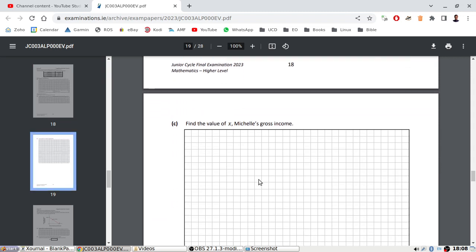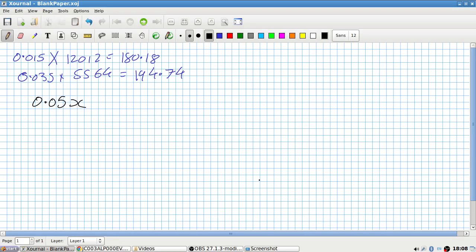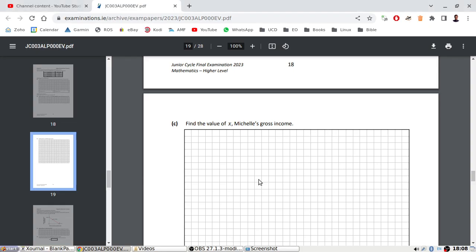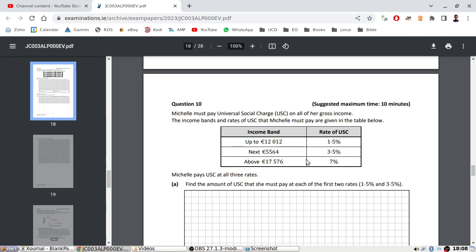Find the value of X, Michelle's gross income. What do we know about her income? She pays all three rates.